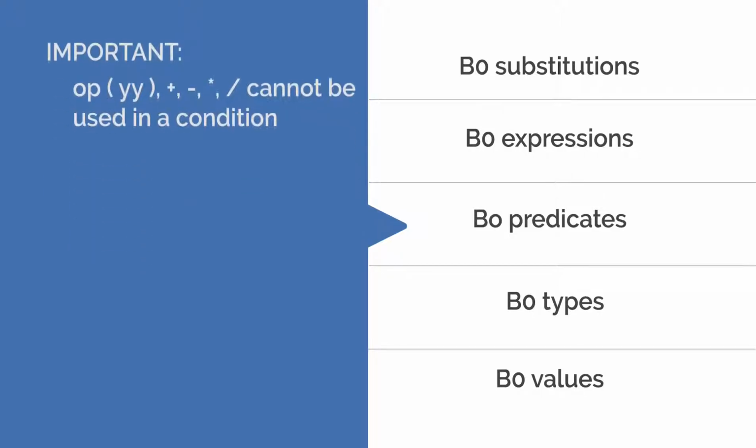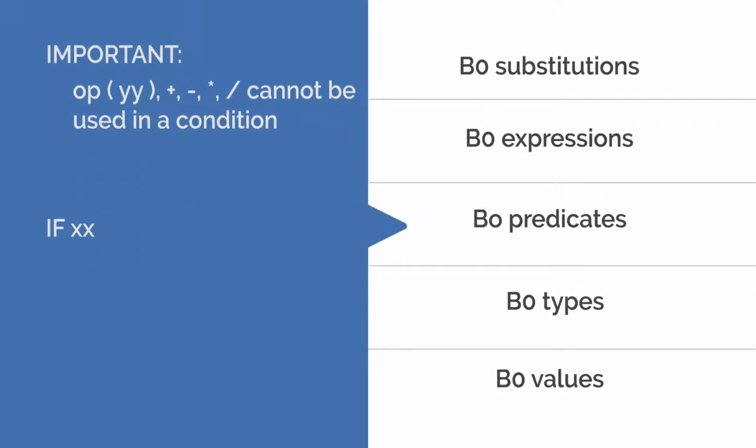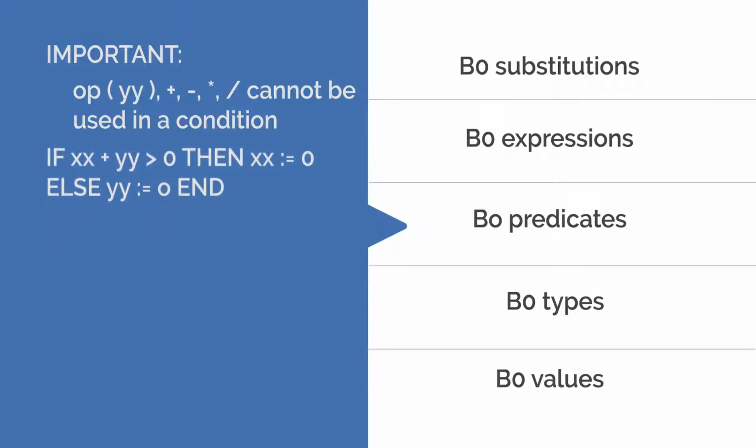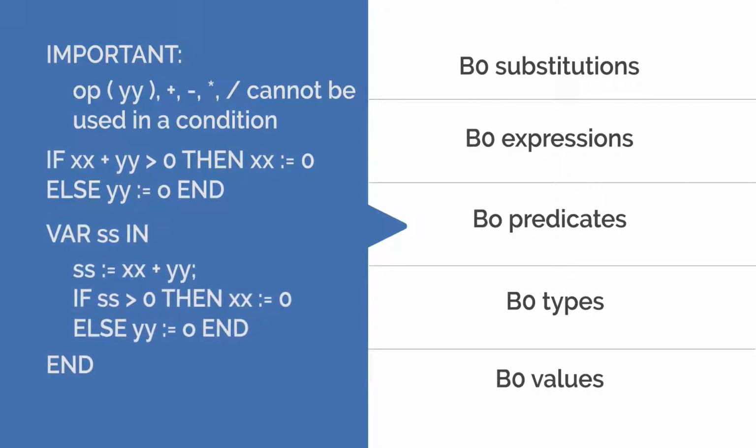For example, if we have the alternation if XX plus YY greater than 0, then XX receives 0, else YY receives 0, that cannot be used because we have arithmetic expressions in the condition of the alternation. So the solution for that is to declare a local variable SS and initialize that variable with the value of the arithmetic expression XX plus YY.